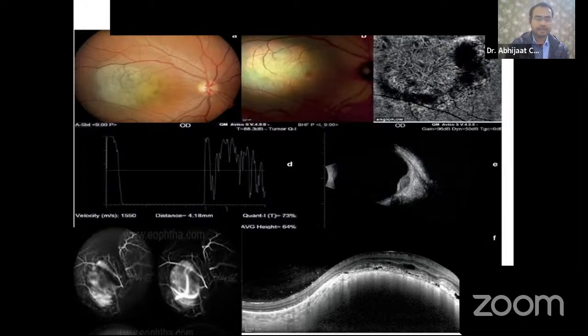On doing the B scan investigation, we see low to medium internal reflectivity with some vascular pulsations. These are the signs on the A scan. And on doing the B scan, we observe a collar button or mushroom-shaped excavation of the underlying uveal tissue.